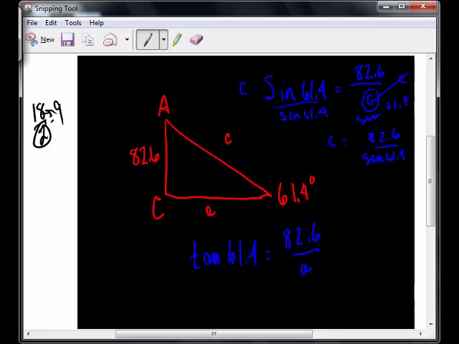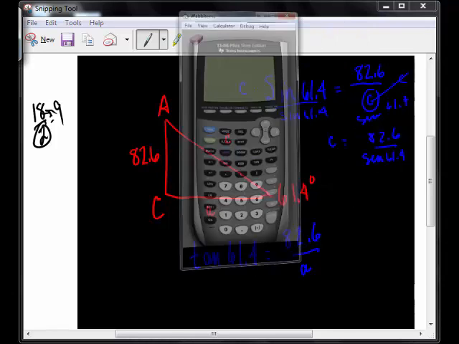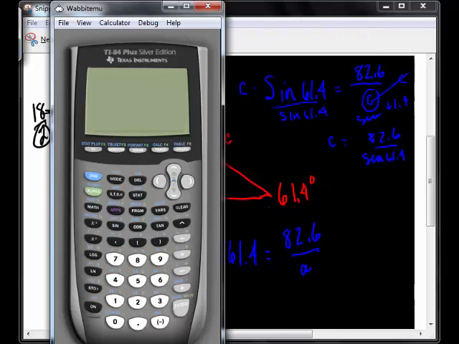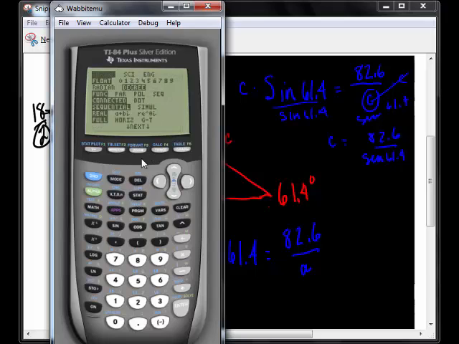So now we can open up our calculator and press 82.6. Oops, we got to make sure that our mode is in degrees. It is.